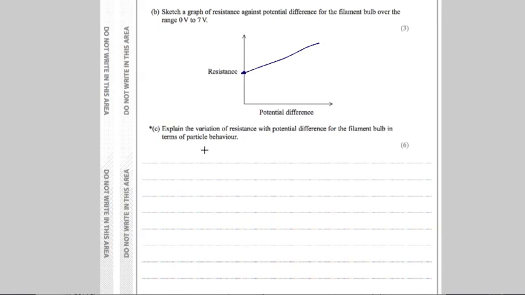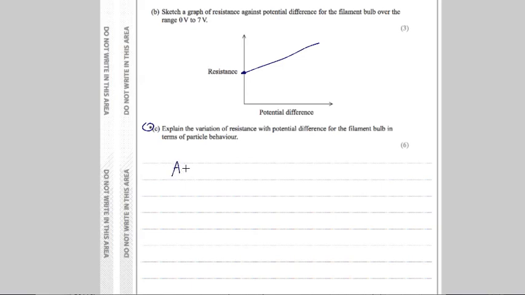Then this little star, by the way, here means that this question is going to be marked for quality of written communication. So explain the variation of resistance with potential difference for the filament bulb in terms of particle behavior. Now here is one where, again, reading the mark scheme is going to give you a lot of guidance in how you should be answering this kind of question. But the argument goes more or less as follows.